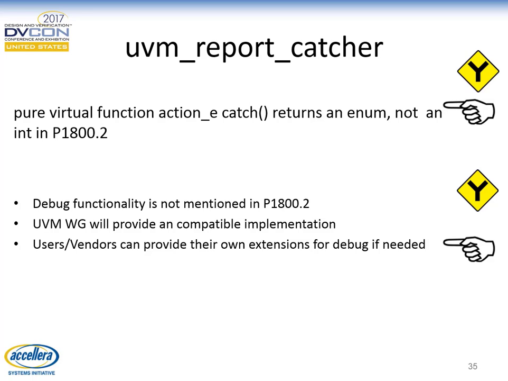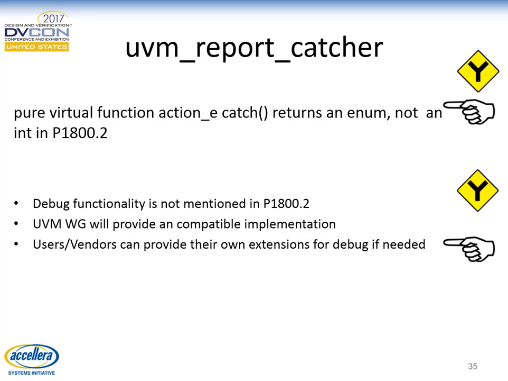So eCatch for the report catcher. If you guys remember extending the report catcher, eCatch now returns an enum, not an int from 1.2. This is another philosophical difference that we've had. And one thing you'll notice is that you'll have to actually take account of the enum. Most simulators, I'm told, will actually swallow it nicely and completely. You shouldn't see a difference, but it returns an enum, not an int.